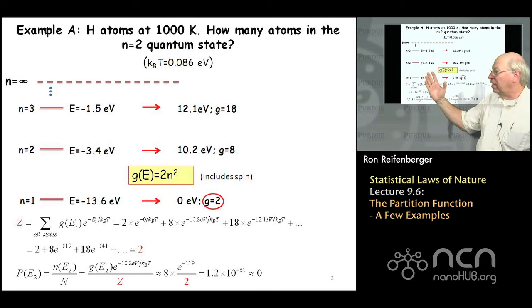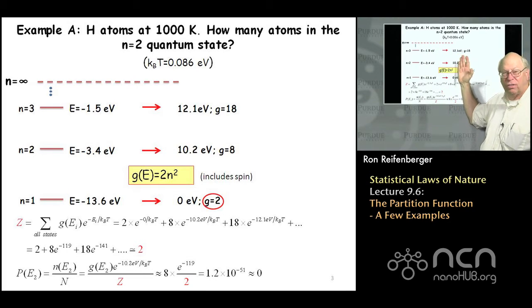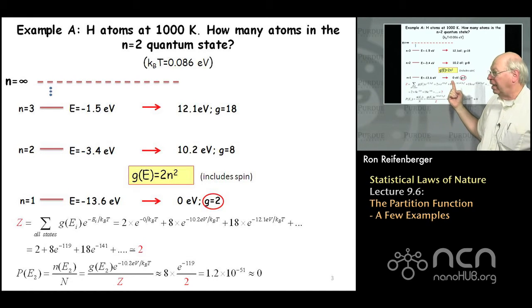I translate those energy levels with respect to this zero reference in energy, to this part of the diagram, where now I label the lowest energy state at 0 electron volts. The first excited state is going to be at 10.2 electron volts. The third state is going to be at 12.1 electron volts. And then in addition, I list the degeneracy of each energy level. That degeneracy is equal to 2n squared.